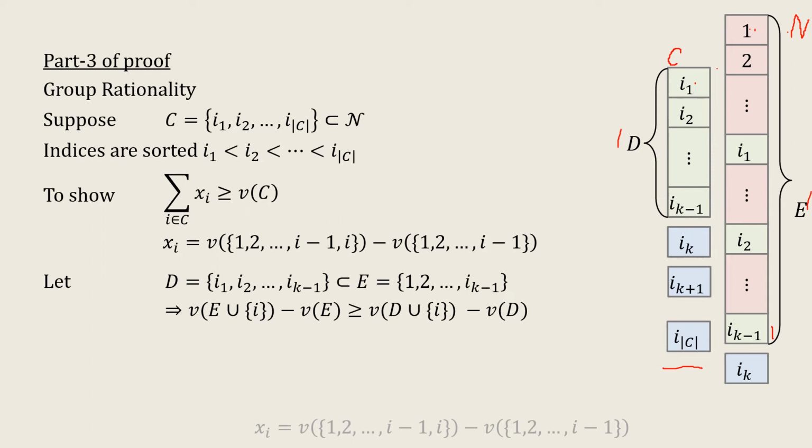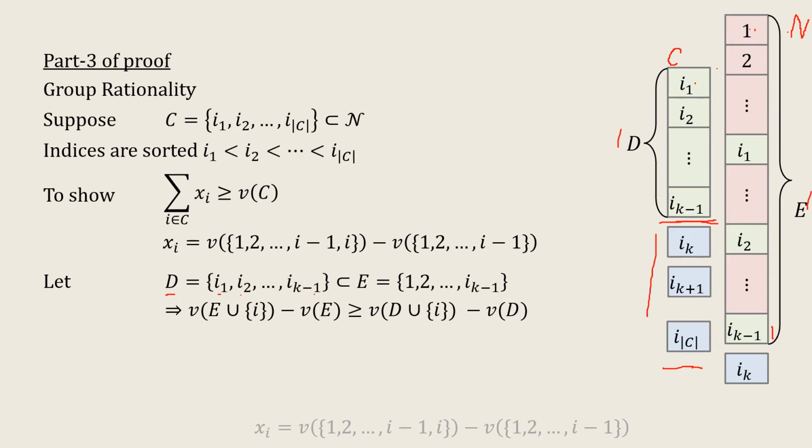I have some sort of a cutoff I of k here. So this is my D. It's a subset of C, and it's equal to I1, I2 until ik minus 1. All the agents in C until the k minus 1th agent.